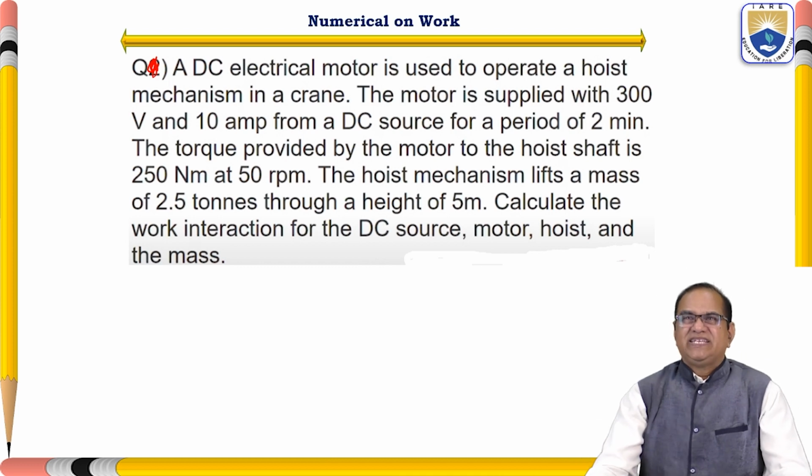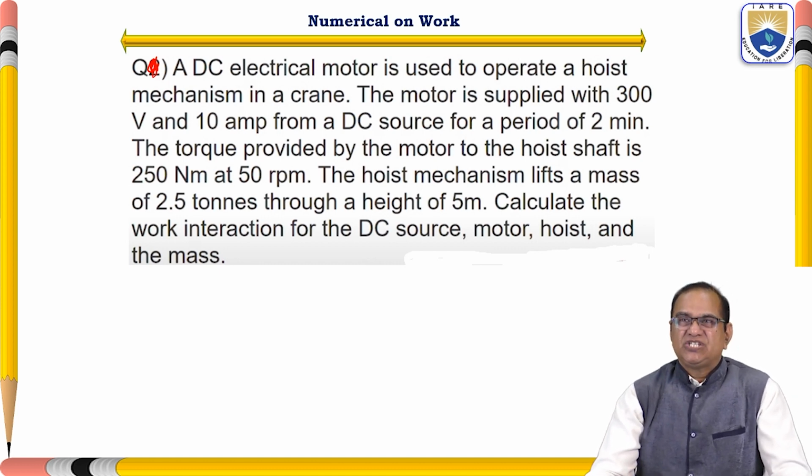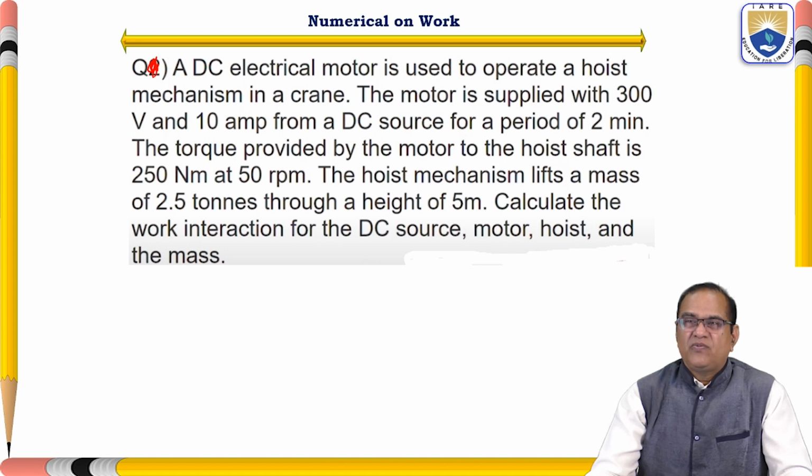Question. A DC electrical motor is used to operate a hoist mechanism in a crane. The motor is supplied with 300 volts and 10 amperes from a DC source for a period of 2 minutes.